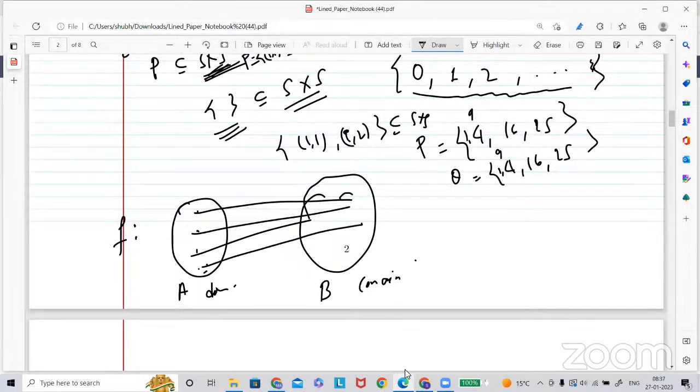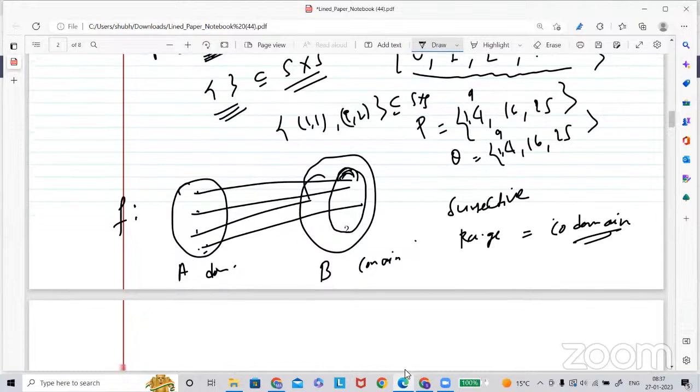Suppose the codomain is given, but you are getting outputs only in this area. The definition of surjective is: if the range is exactly equal to the codomain.